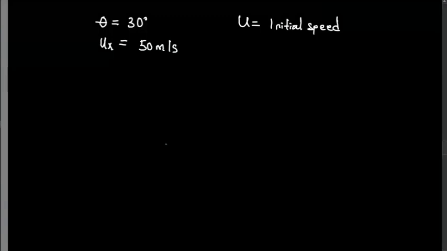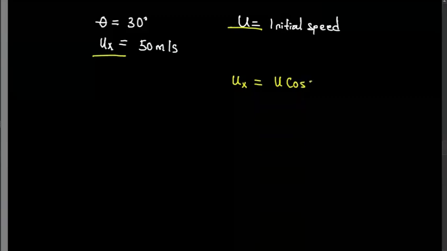And yesterday, I made it clear to you. I explained that the formula that relates the horizontal component of the speed to the initial speed is given by ux, that is the horizontal component, equals to u cos theta.